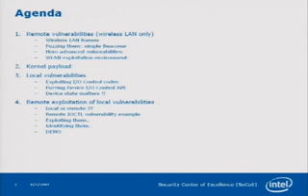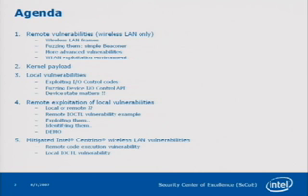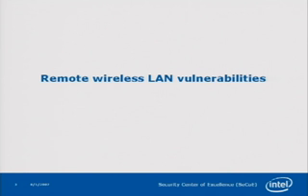And I'll show you a brief demo of exploiting the local vulnerability remotely. And finally, I will describe two examples of mitigated vulnerabilities in Intel Centrino WLAN drivers. The first example is a remote code execution vulnerability, and the second is a local vulnerability. And I'll conclude.